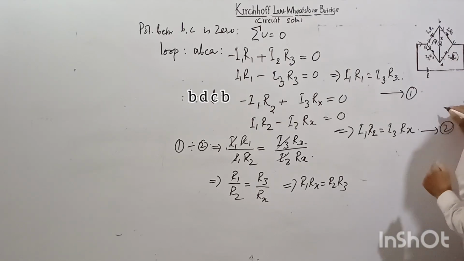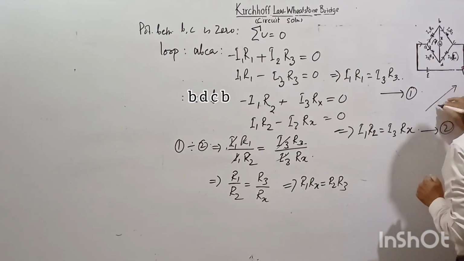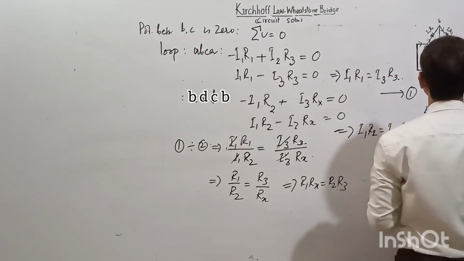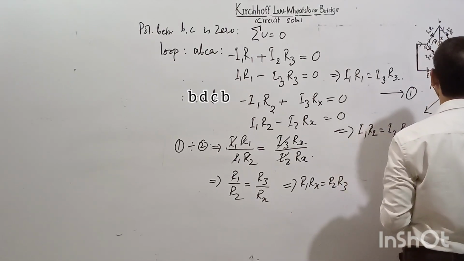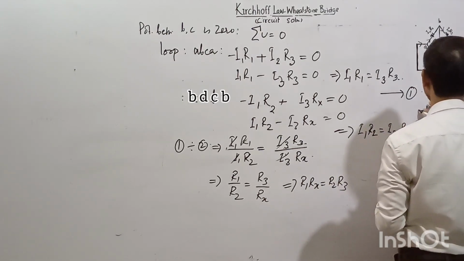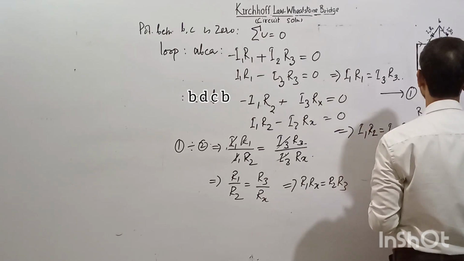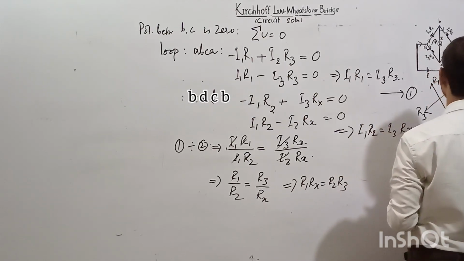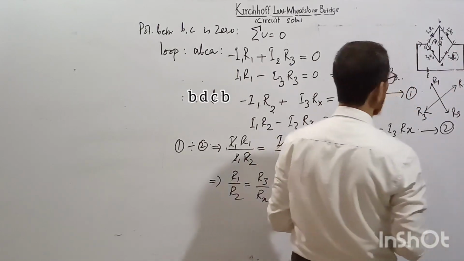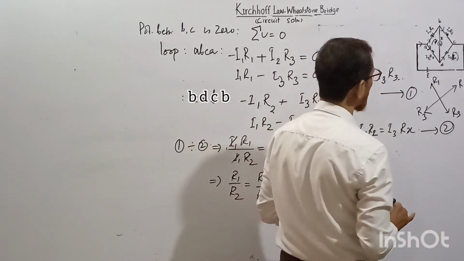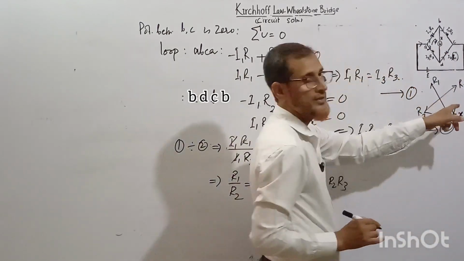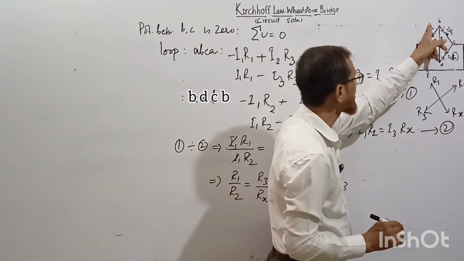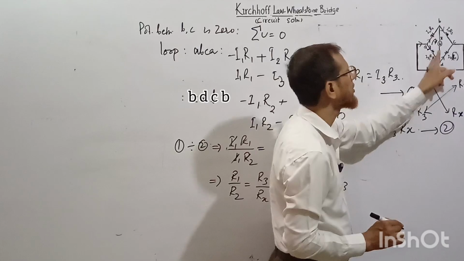Am I right? So there is multiplication crosswise. The resistances are multiplied crosswise. This means the product of the resistances this and that must be equal to this and that.